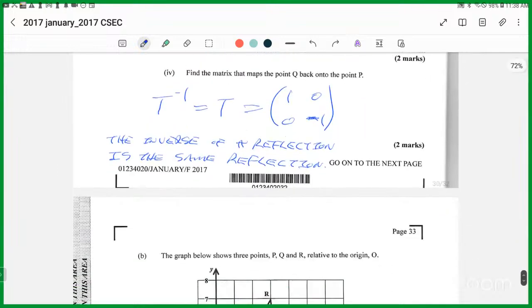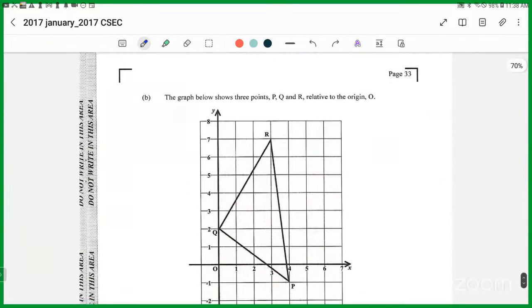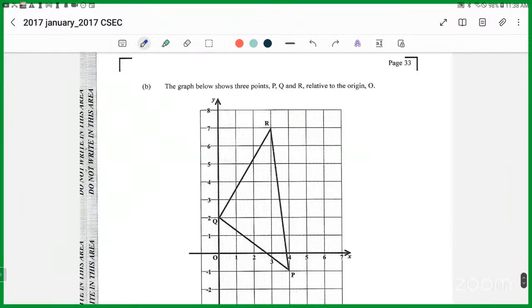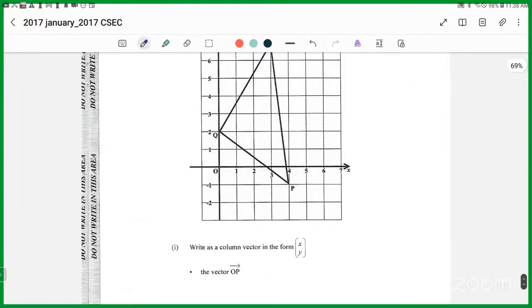All right, let's continue. Part B now, so the last question is on vectors. It says, the graph below shows 3 points, P, Q, and R, relative to an origin O. This is origin O right here. It says, write down in column vector form OP.